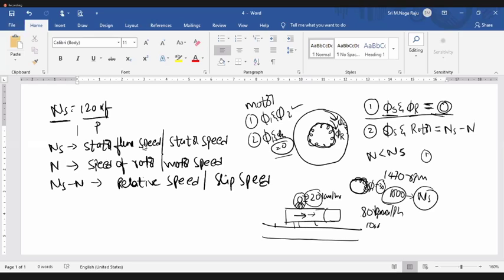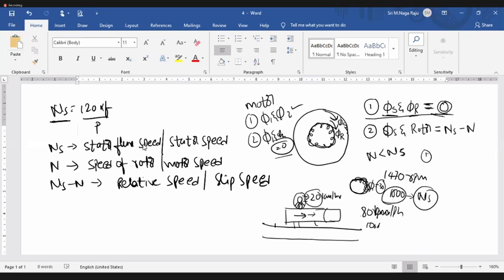What is the relative speed between the stator and rotor of an induction motor? The stator is stationary. It won't rotate, it's just a stationary part of the induction motor.